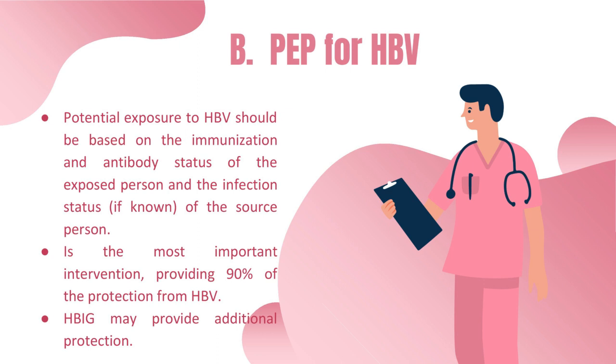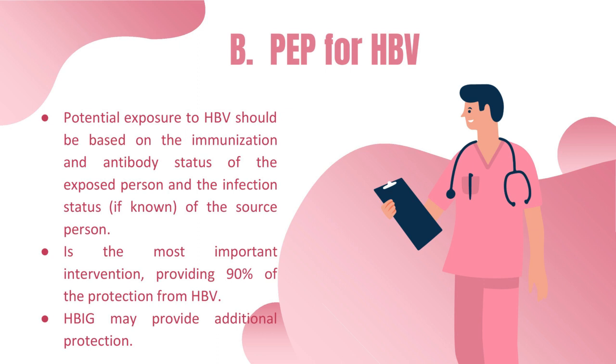PEP for hepatitis B virus. The management of potential exposure to HBV should be based on the immunization and antibody status of the exposed person and the infection status, if unknown, of the source person. HBV vaccine is the most important intervention, providing 90% of the protection from HBV.